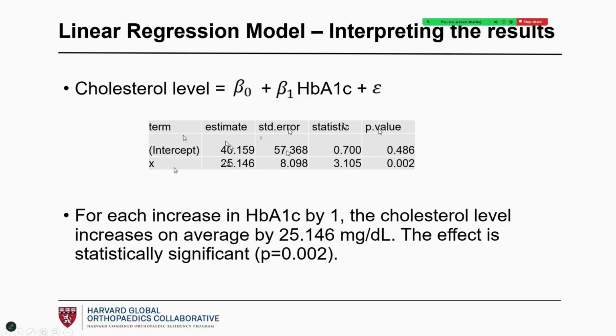And here of interest for us is to see the relationship between X, which is our HbA1c, and the cholesterol level. And based on the beta coefficient, we can say that for each increase in HbA1c by 1, the cholesterol level increases on average by 25.146 milligrams per deciliter. And further on, the effect is statistically significant with a p-value of 0.002.